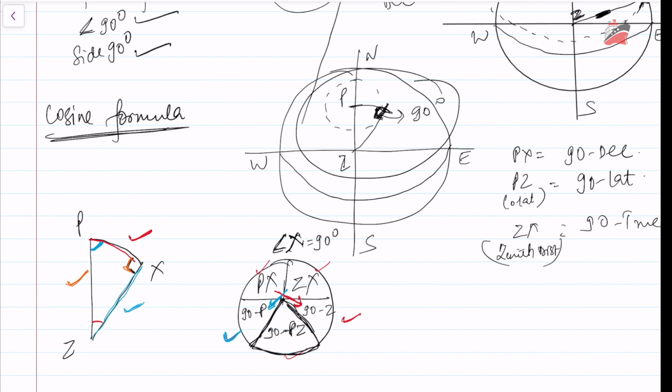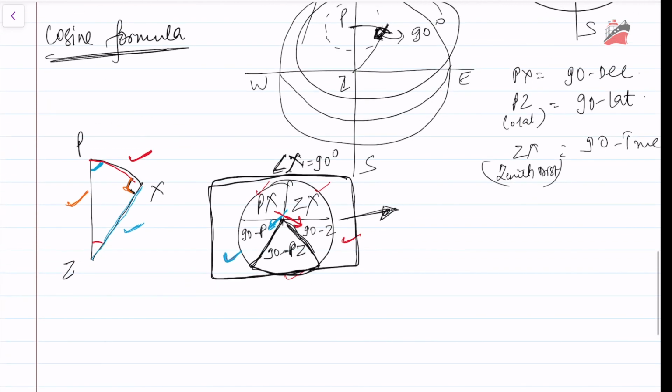Now you have this diagram, which is very important. On this diagram we will solve the sums. To remember Napier's formula: sine of the mid part is equal to cos opposite into cos opposite. You just remember this formula. I will teach you how to consider the opposite parts and the mid part.